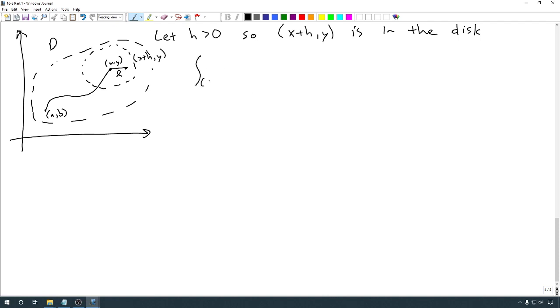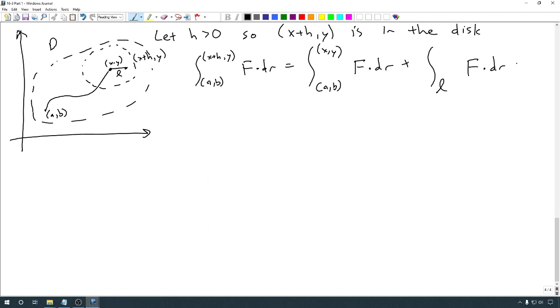So that means that the integral from AB to x plus h, y, since our path actually has two pieces to it, we can take the integral over each piece separately and add the results together. So we have the integral from AB to xy plus the integral from xy to x plus h, y, though we are looking at this particular curve L. This first integral, that's what we've been calling f of x plus h, y.